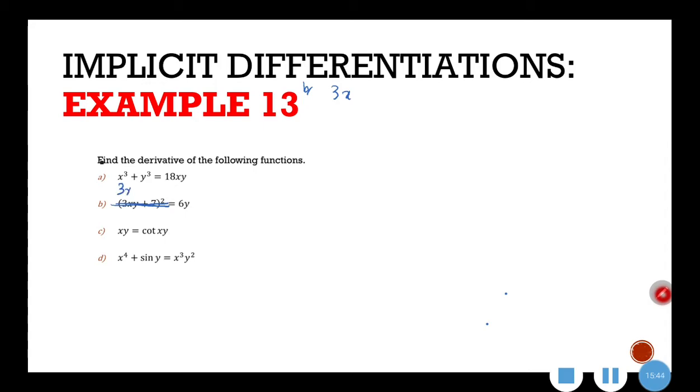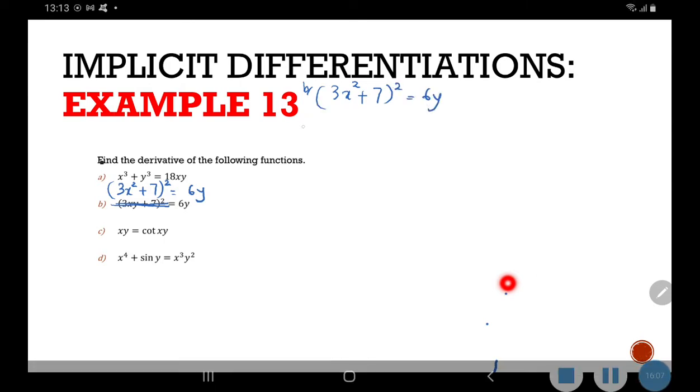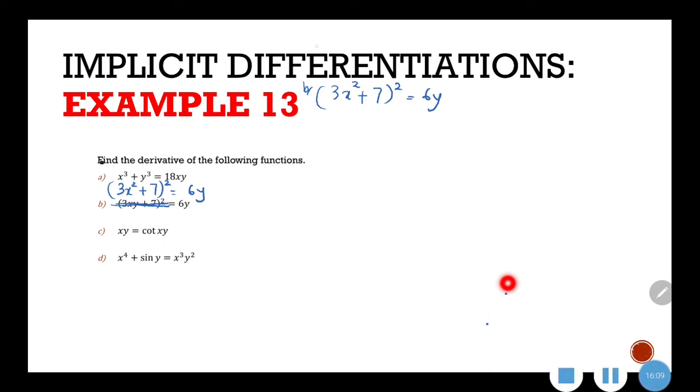There must be some typo mistake. 3x square plus 7 to the power of 2 equal to 6y. Okay, so here it is, 3x square plus 7 to the power of 2, 6y, and then the d dx for this is 3x square plus 7 to the power of 2, 6y.